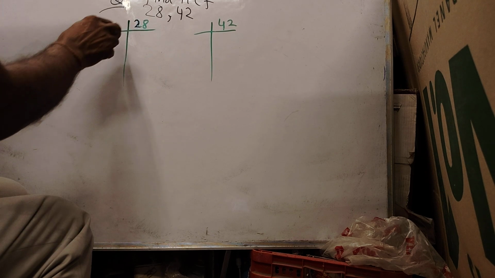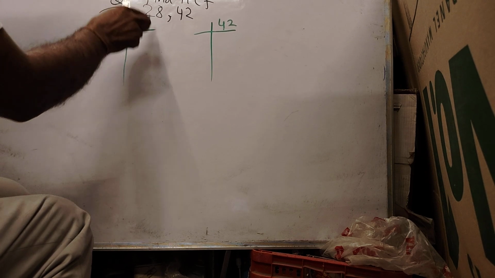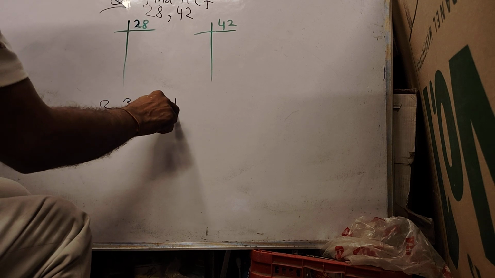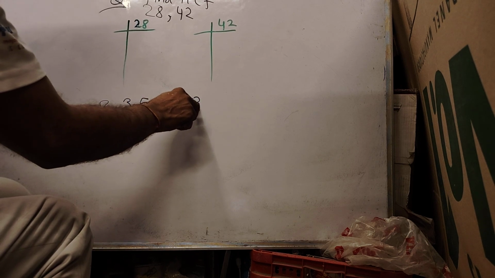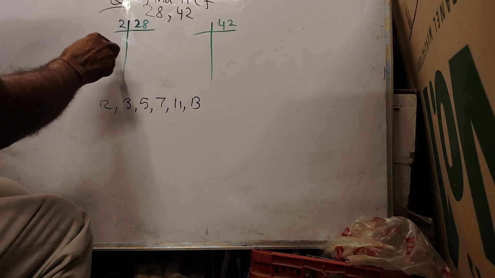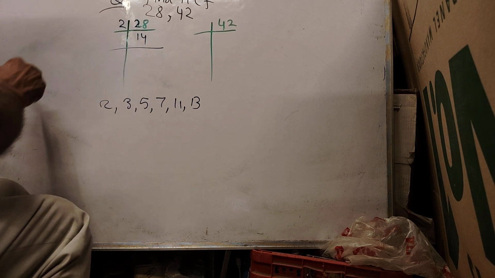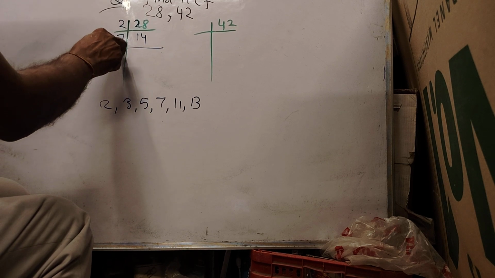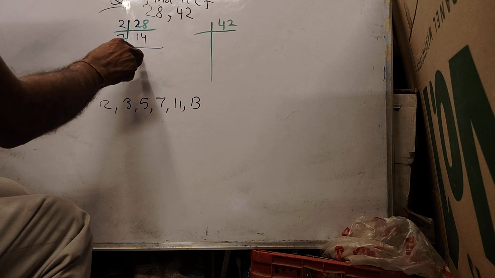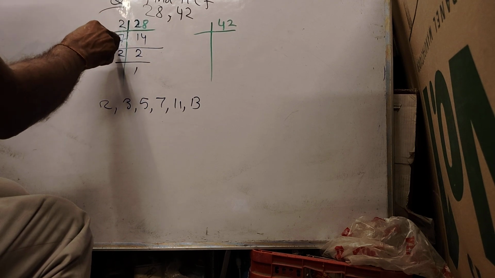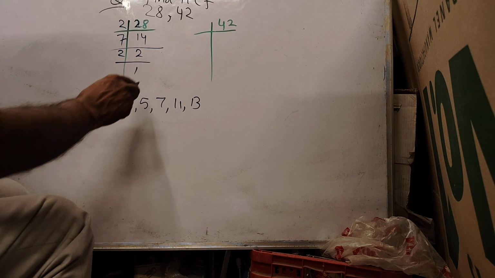The prime numbers are 2, 3, 5, 7, 11, 13, and we use these to divide. It divides by 2, giving 14. Now 14 is not divisible by 3 or 5, but it is divisible by 7. So 7 divided by 7, these are the prime numbers. So 28 equals 2 × 2 × 7.